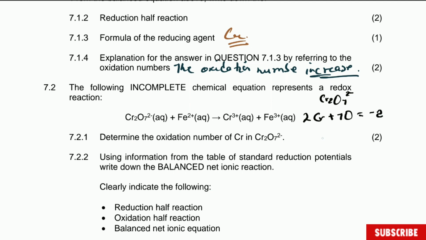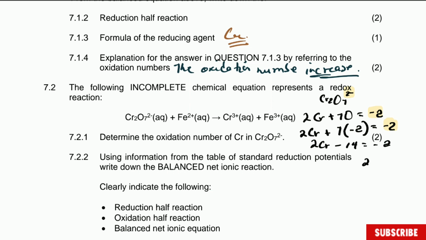And then you have oxygen. So it's 2Cr, which is what we are looking for, plus 7 times the oxidation number of oxygen, which is always negative 2, and all that is equal to minus 2. This minus 2 is coming because it's the charge of the ion. And the rest is just mathematics. So we have 2Cr minus 14 is equal to minus 2.